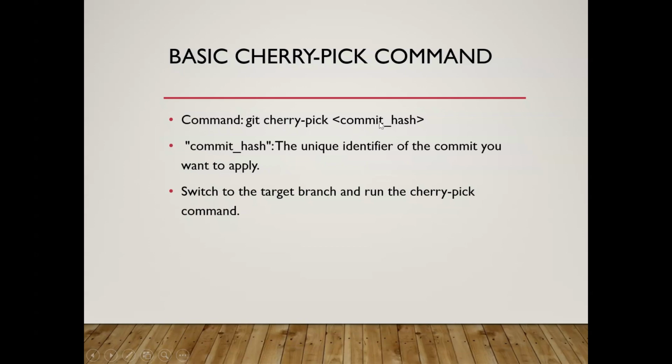Generally you get one commit id, so here you will have to provide your commit id. Before this, switch to the target branch and run the cherry-pick command. So if you want to cherry-pick the changes to the main branch, first you will have to switch to that particular branch and do git cherry-pick. Then only this cherry-pick command will work.